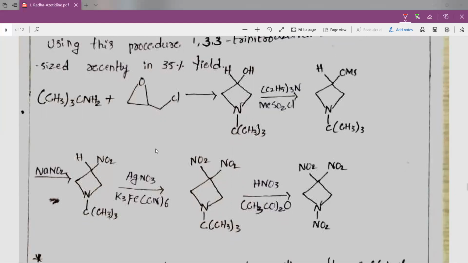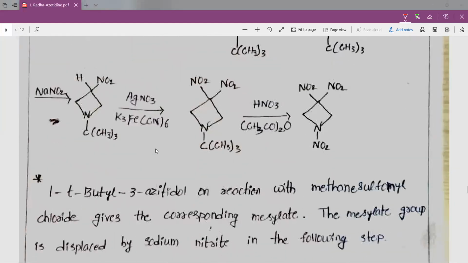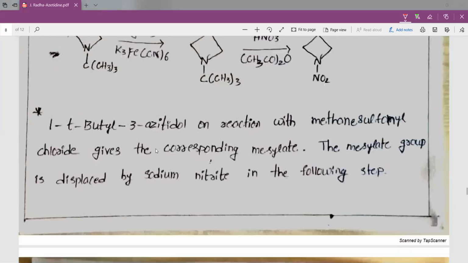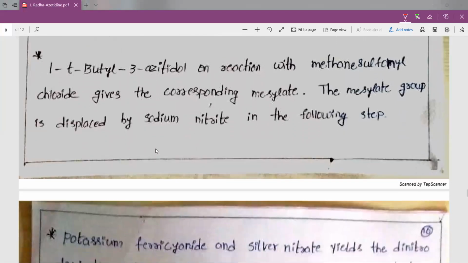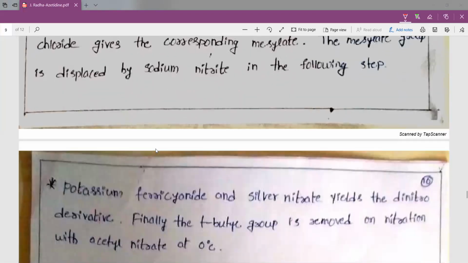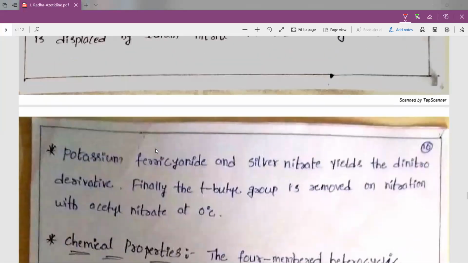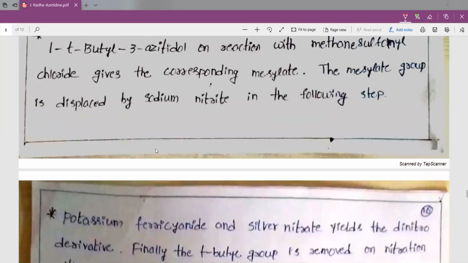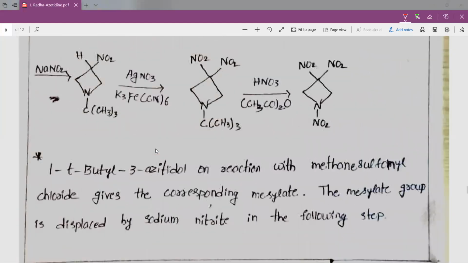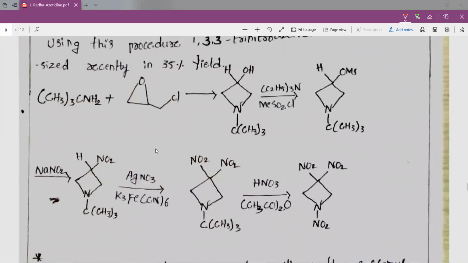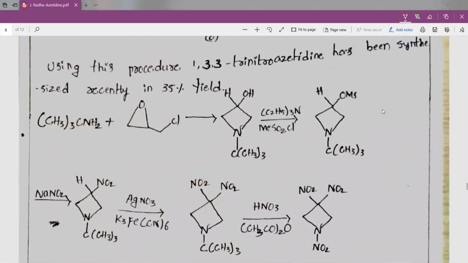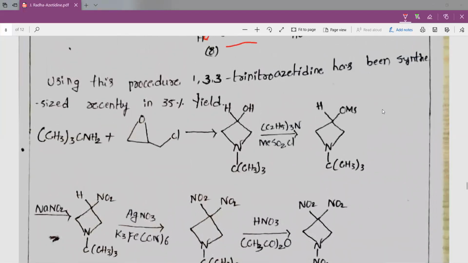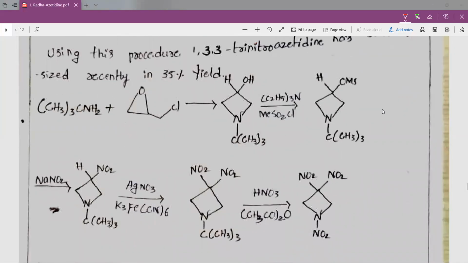These are additional examples of this reaction of epichlorohydrin with primary amines.